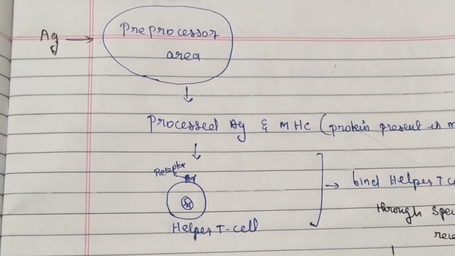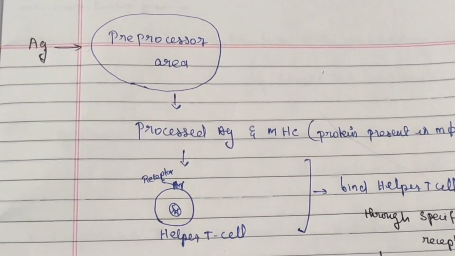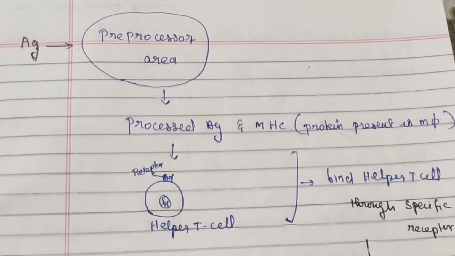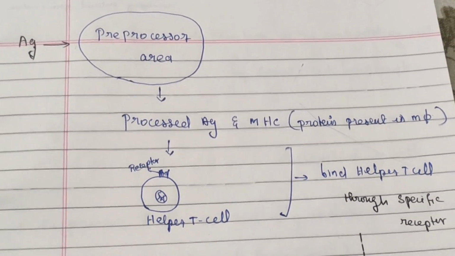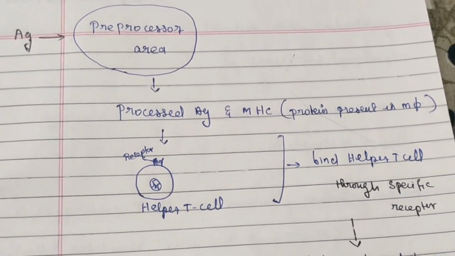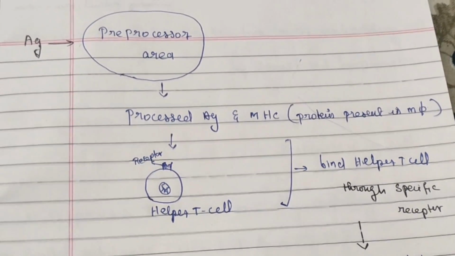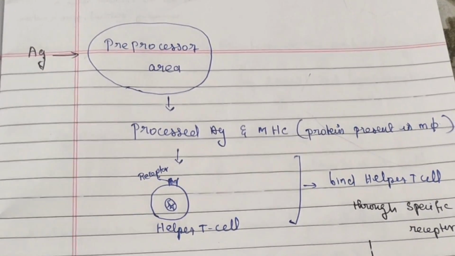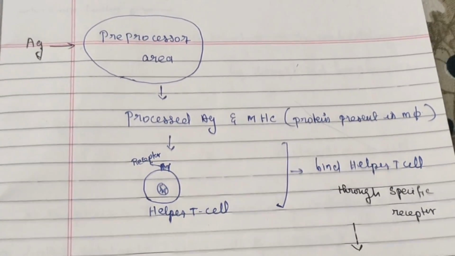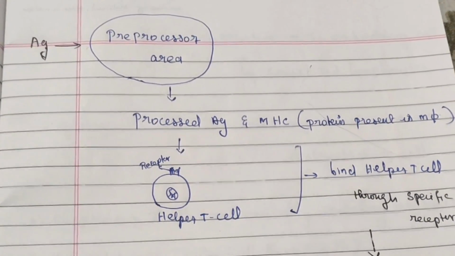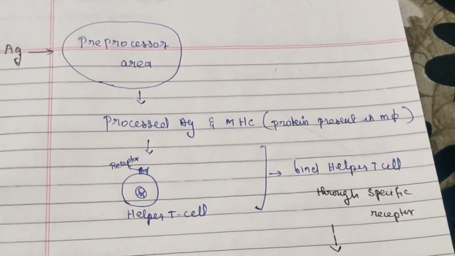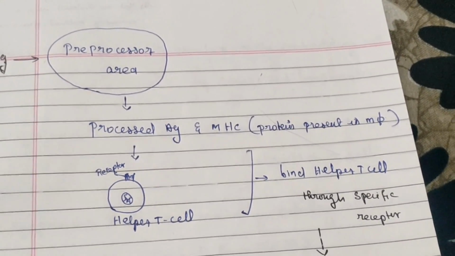Basically, we have a processed antigen that can bind to the helper T cell, which is derived from cell mediated immunity. The antigen binds through the major histocompatibility complex.